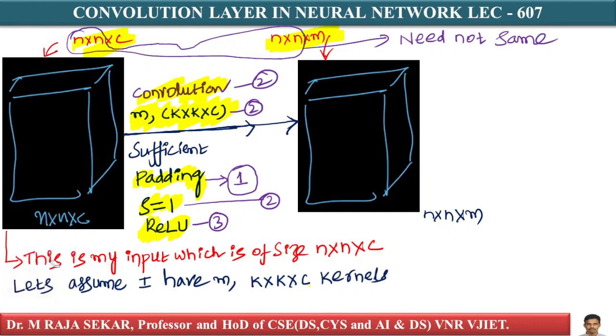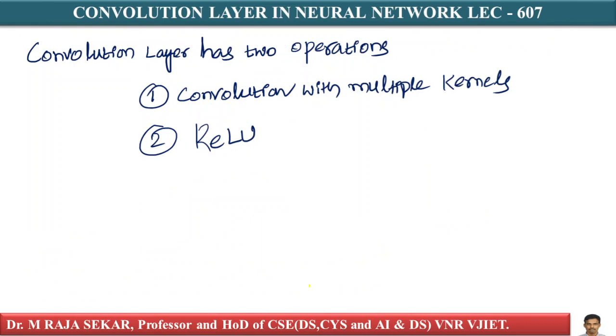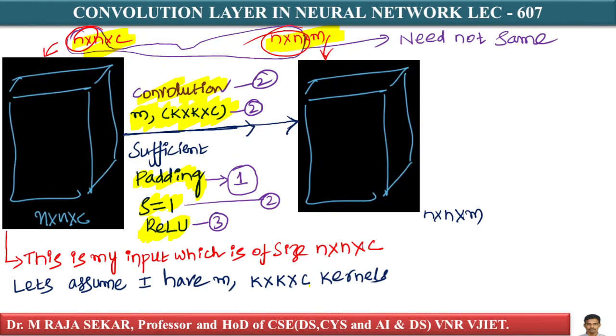This n cross n in the input image as well as in the output image, these two need not always be same, because if I change my padding or if I change my strides or if I change my kernel size, this particular n cross n will change to some other value.